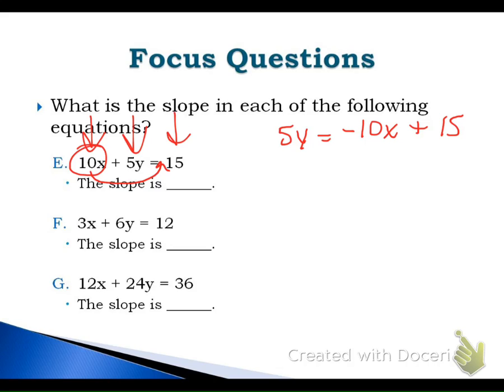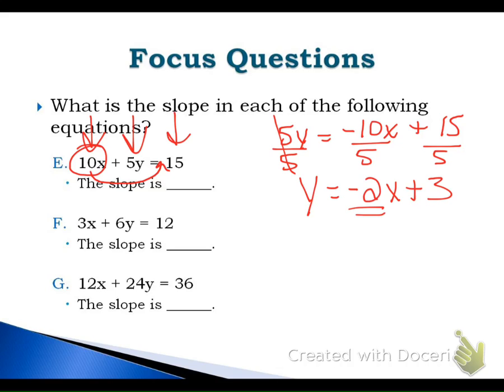And then you divide by the coefficient of y. Coefficient of y is 5, so we divide every term by 5. Therefore, y is equal to, a negative over a positive equals a negative, 10/5 equals 2x plus 15/5 is 3. Your value that's now in front of your x term, or your coefficient of x, is negative 2, so that's the slope of negative 2.